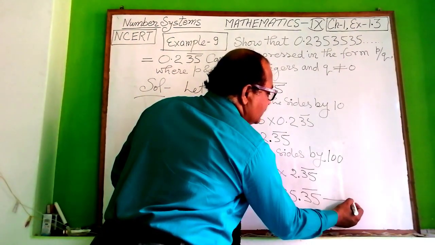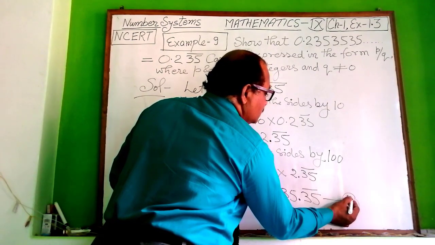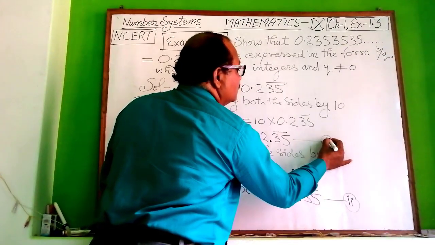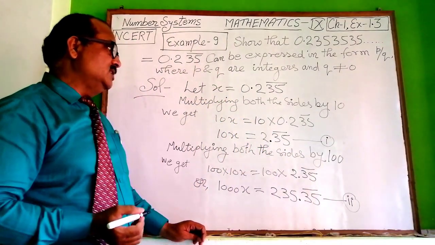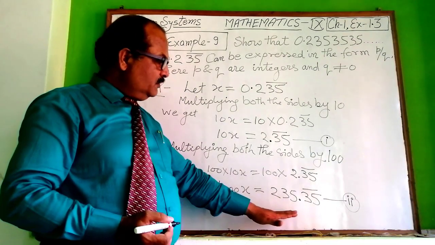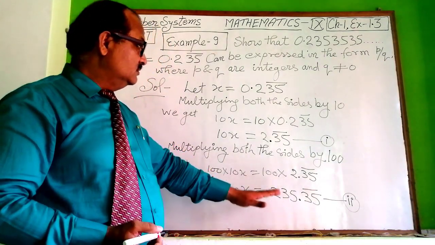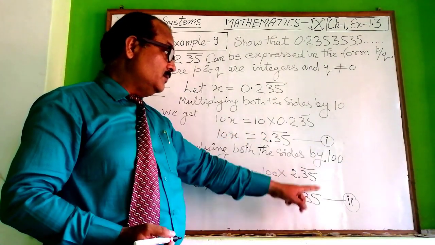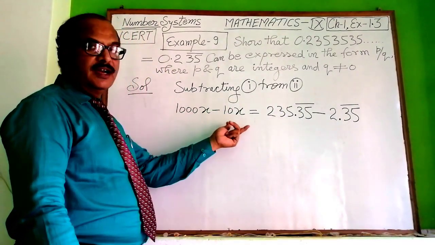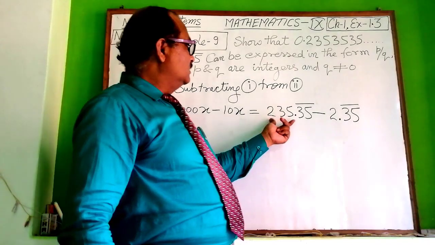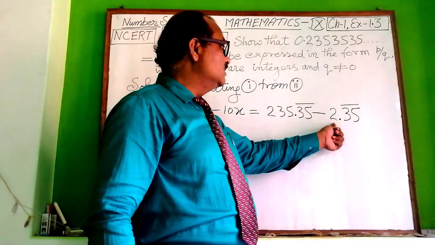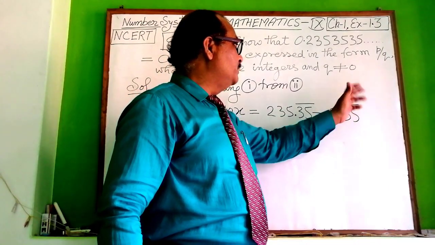This is relation number 2, and this one is relation number 1, or you can say equation number 1. Now we will subtract first from second. 1000x minus 10x and 235.35 repeating minus 2.35 repeating.